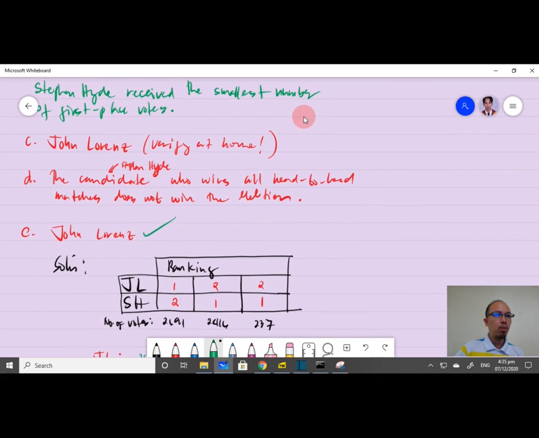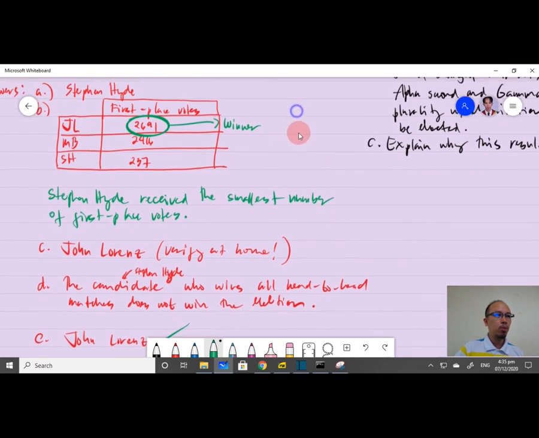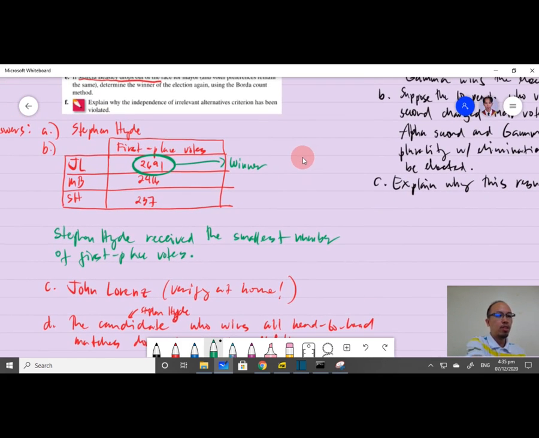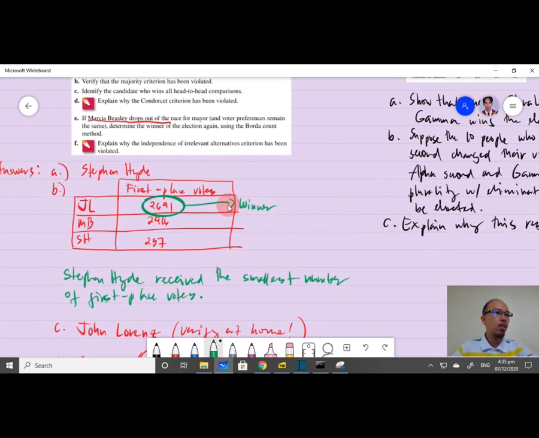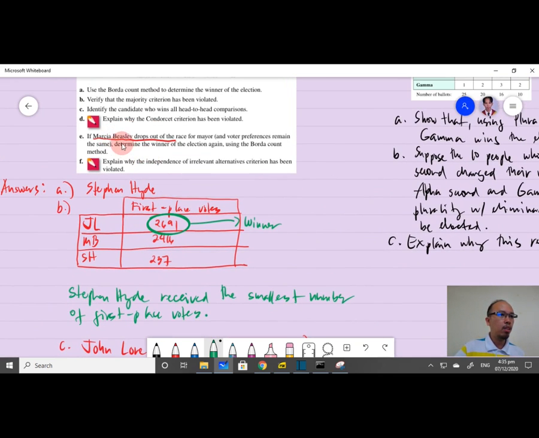Okay, so let's go back to our question. As you can see here, if Marcia Besley drops out of the race for mayor, then John Lawrence wins the election using the Borda count method. So explain why the independence of irrelevant alternatives criterion has been violated.